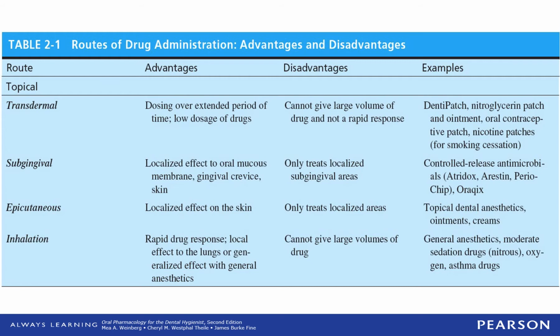Subgingival is localized effect to oral mucous membranes, gingival crevice, and skin, and it's only used to treat localized subgingival areas. The epicutaneous types of administration are localized effect on the skin and only treat local areas. And inhalation, where there's a rapid drug response, a local effect to the lungs, and generalized effect with general anesthetics. And you cannot give these in large volumes of the drug.